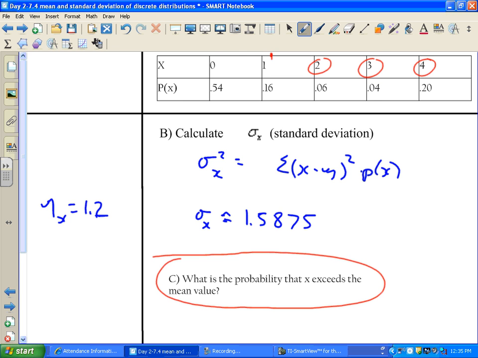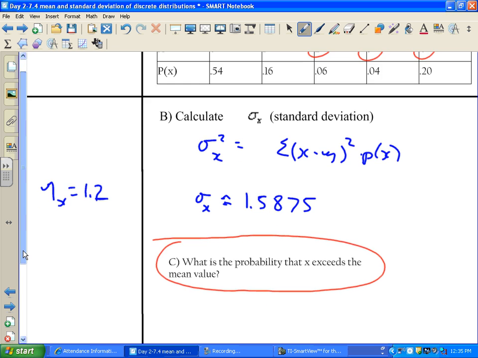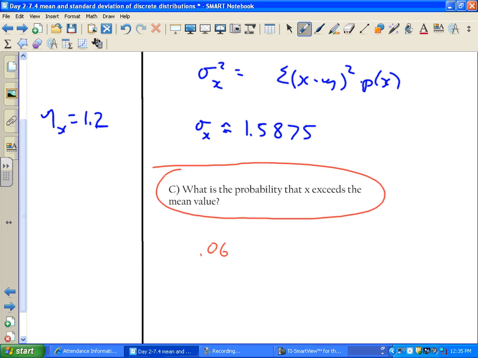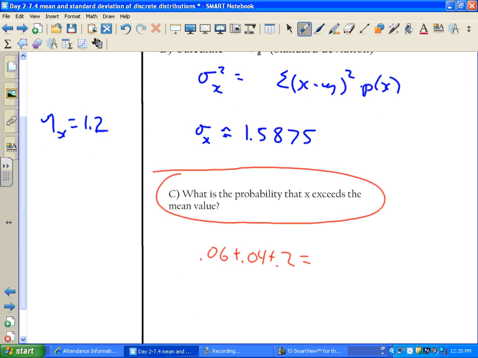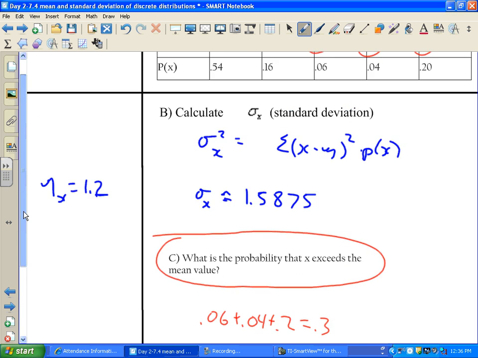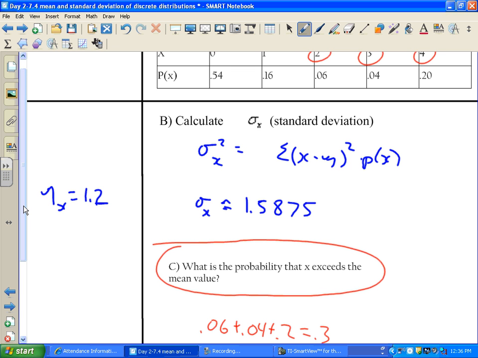So the probability that x is greater than the mean value is going to be 0.06 plus 0.04 plus 0.2. It's going to come out to be 0.3. Questions on that? That one's kind of easy.